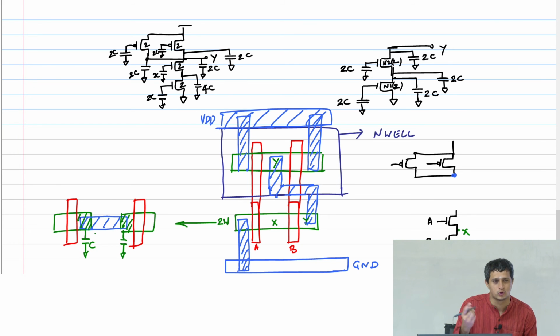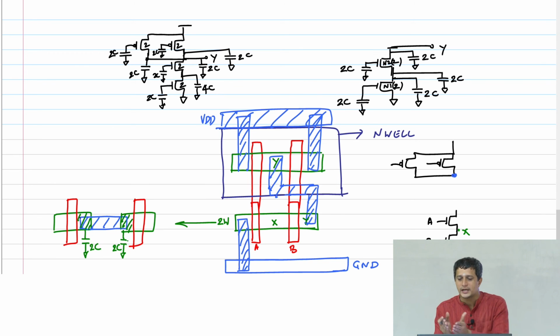And if W is higher, then it is 2C. And therefore, we said it has to be 4C in that diagram. But now if I bring these two diffusions so close, it's effectively like just one diffusion. You get it? That's the idea that we are using.